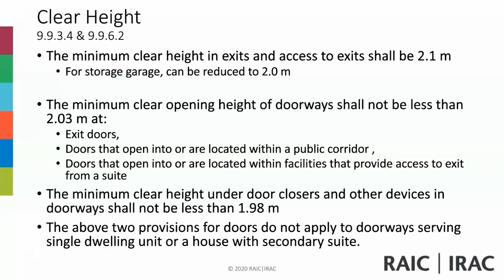The minimum clear height under door closures and other devices of the doorway shall not be less than 1.98. So the clear opening height of the doorway is 2.03, and the clear height under the door closures and other devices in the doorways is 1.98. The above provisions do not apply to doorways serving single dwelling units or a house with a secondary suite.